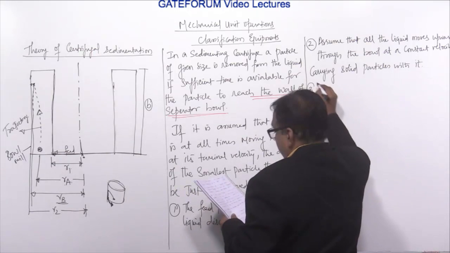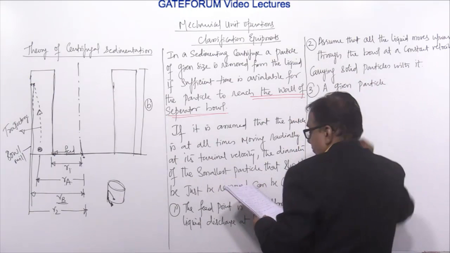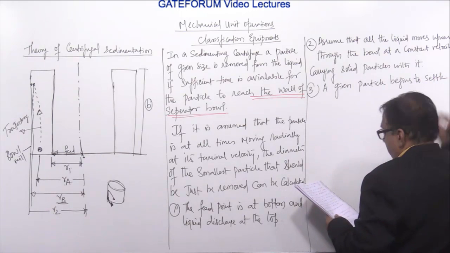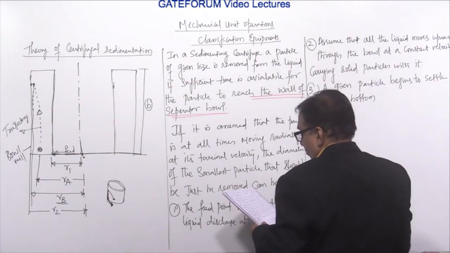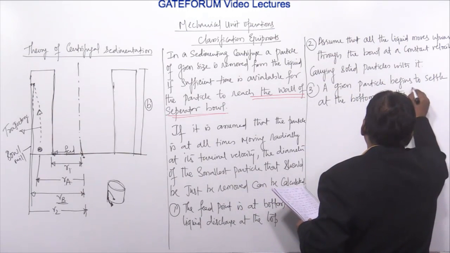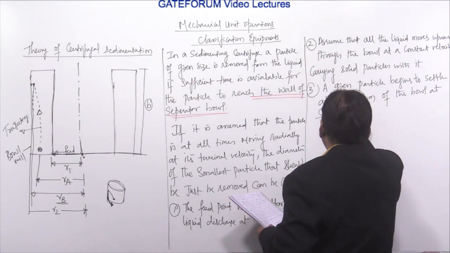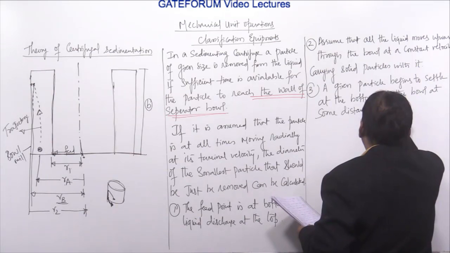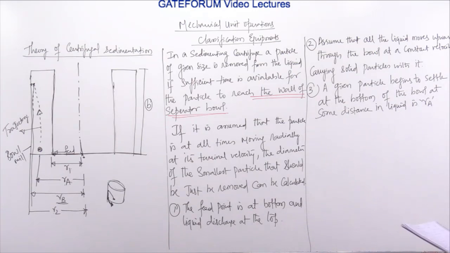Number three, a given particle begins to settle at the bottom of the bowl at some distance RA in the liquid.